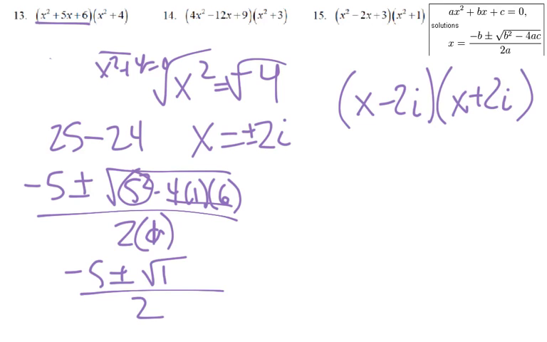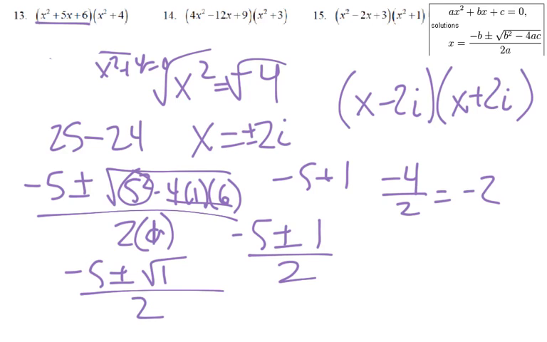So the square root of 1, which is 1. So this one we could have solved, could we? No, yeah, we could have. Dang it. Could have factored that one a lot easier, because see how negative 5 plus or minus 1 over 2? Well, negative 5 plus 1 is negative 4 over 2 is negative 2. Negative 5 minus 1 is negative 6 over 2, which is negative 3.